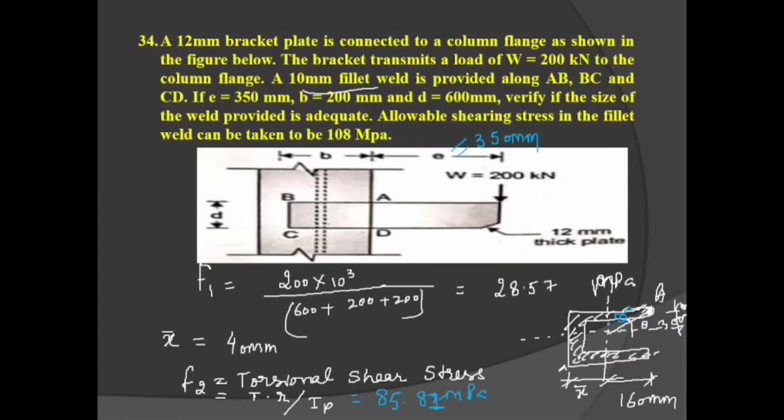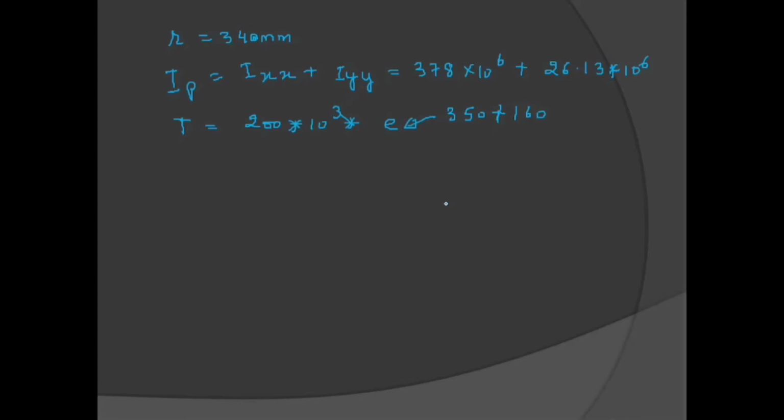So the total eccentricity from the CG of the weld group will be 350 plus 160 mm, and the 160 mm comes after calculation of the center of gravity. Now the T value is equal to 102 kilonewton meter.